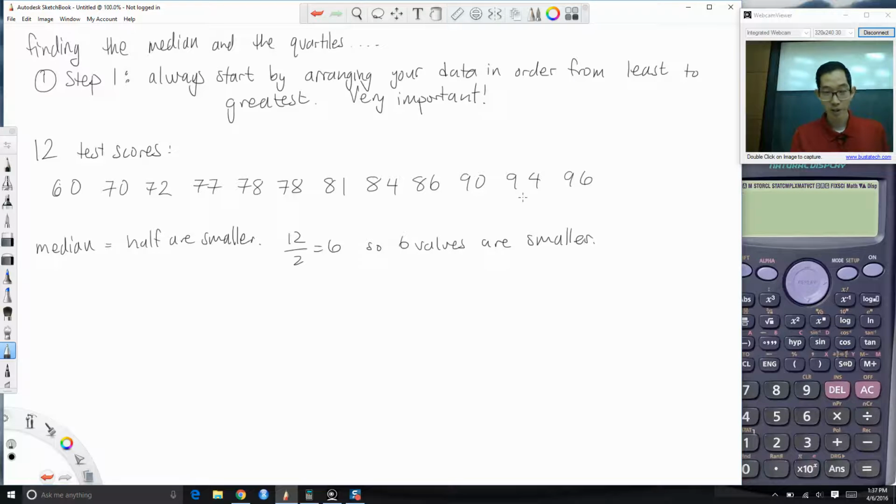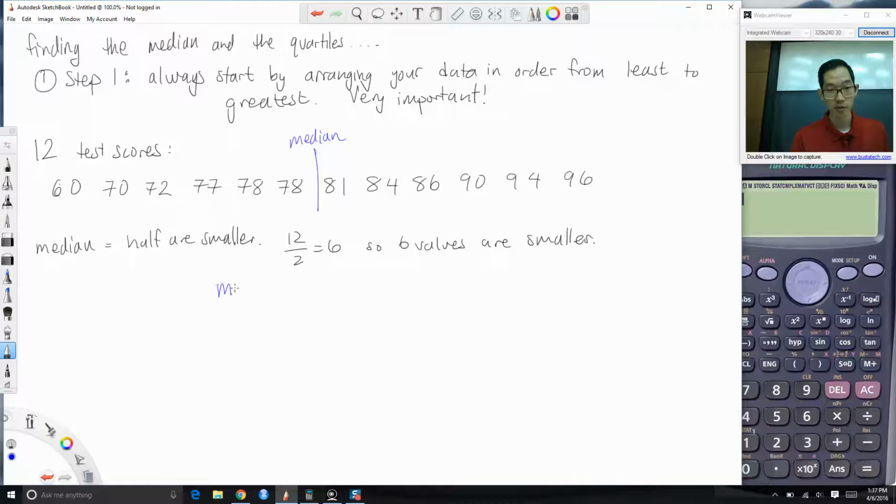That's easy, because we've got these arranged from least to greatest, so we go 1, 2, 3, 4, 5, 6. I'm going to draw a line right there. So I've got 6 numbers that are smaller, 6 numbers that are bigger, so my median is between 78 and 81.